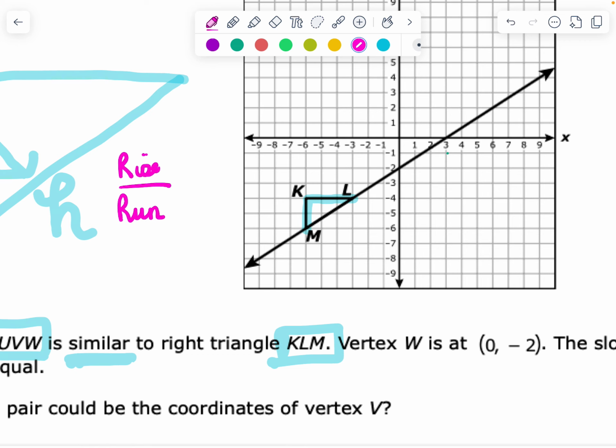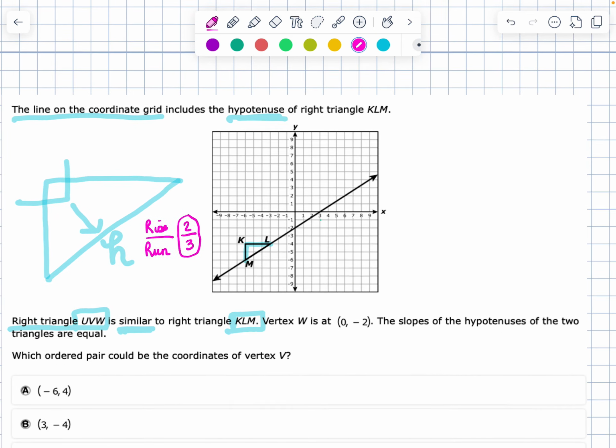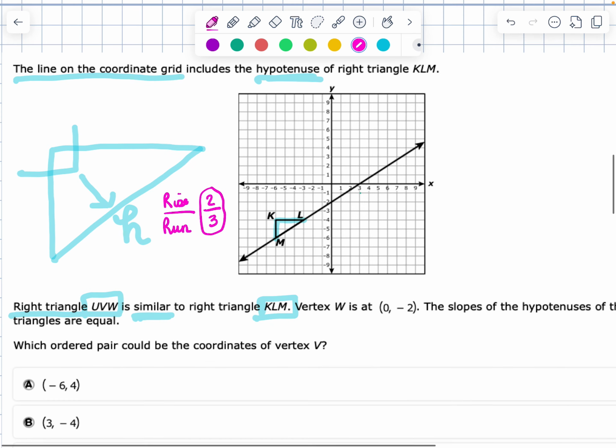So from M to K is 2 and from K to L is 3 units. So this is our slope. It's a positive slope of 2/3. Now it's telling us there's a vertex W at point (0, -2).